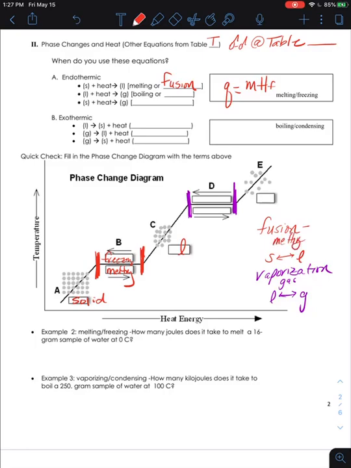A liquid can become a gas. What did we say that was? Liquid becoming a gas is called vaporization. So we can update our definition as boiling or vaporization.